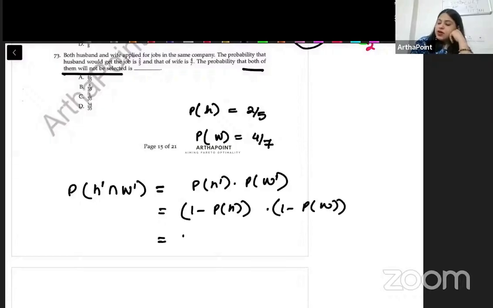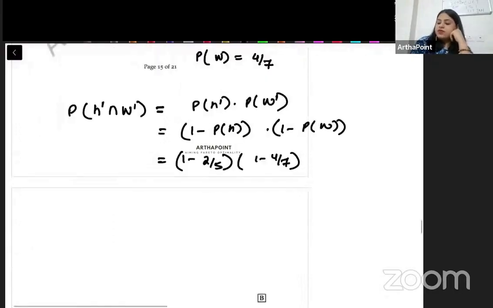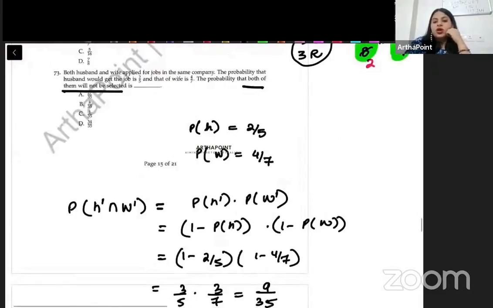So 1 minus 2 by 5, 1 minus 4 by 7. So 3 by 5 into 3 by 7. So 9 by 35. This will be the answer to this question. 9 by 35, both not being selected.